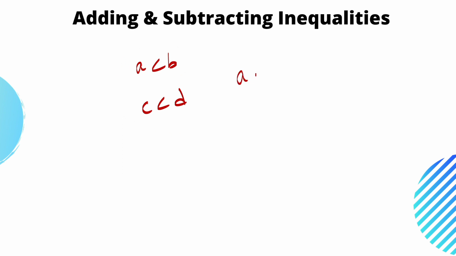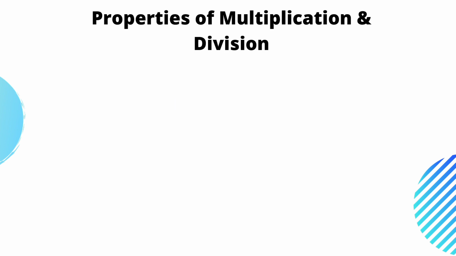We can make these two as A plus C is less than B plus D, because if we combine two greater values, these will always be greater than the two lesser values. So A plus C will always be less than B plus D. So this is the adding and subtracting inequality property.